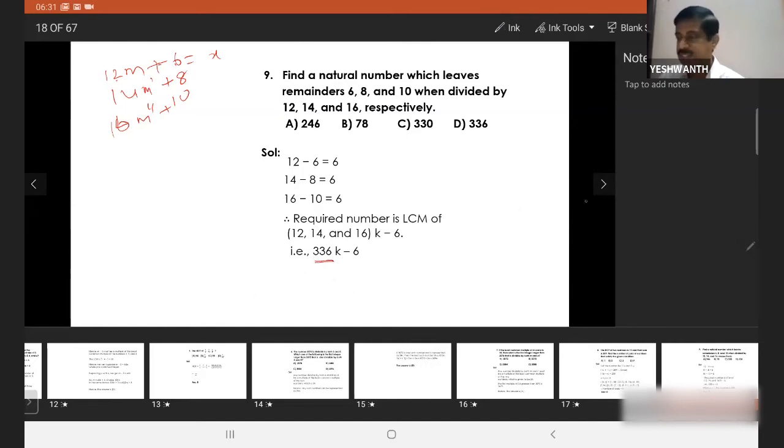Okay, 336k minus 6. Suppose let us assume k is 1 with the given options here. If you take k as 1, you are getting 336 minus 6. So that is 330. So the option is option C. Please note it fast.